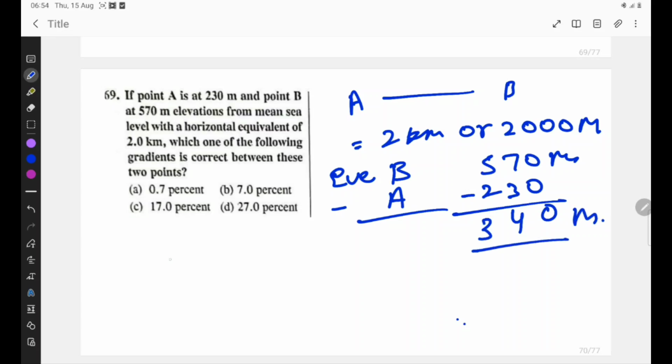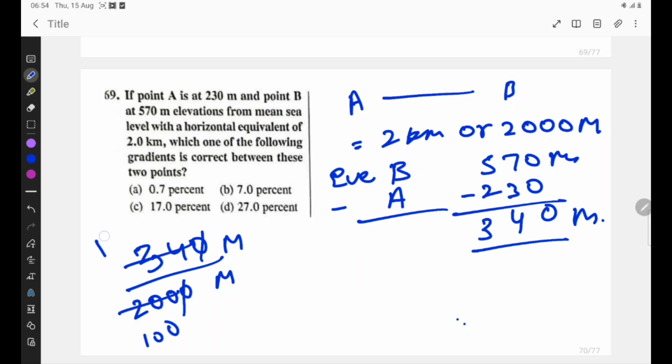So 340 meters is the difference in elevation and 2000 meters is the horizontal distance between them, so the gradient will be 17 upon 100, that means 17%. So option C is the right answer here. Let's move on to the next question.